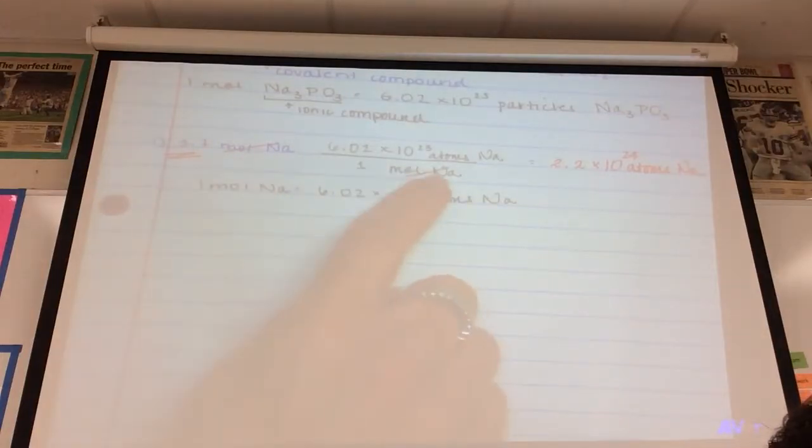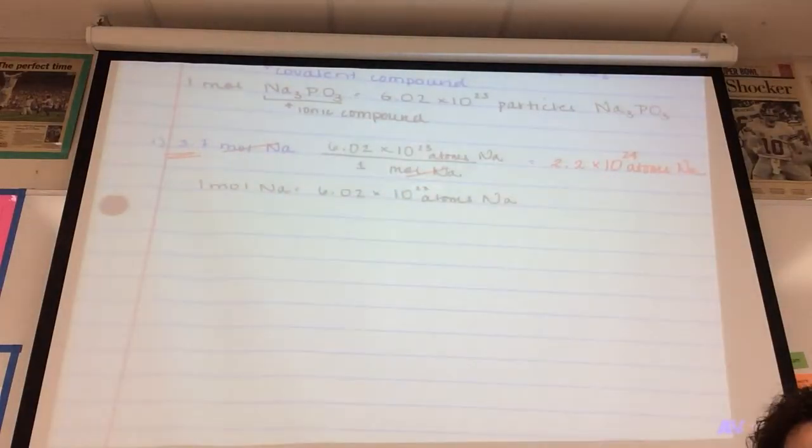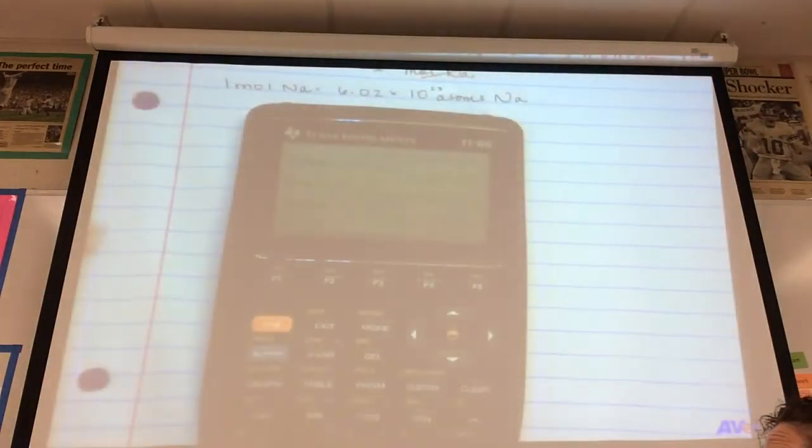Again, make sure those units cancel. You're getting to the unit you want. Also, we haven't played with the calculators for a while. Maybe redo this one so you can see in your calculator 3.7 times 6.02 EE or EXP 23 equals.